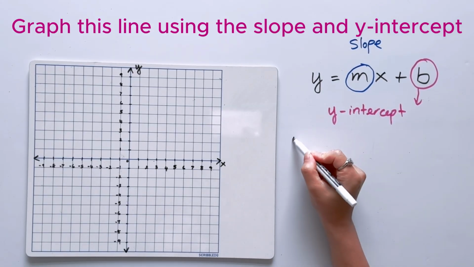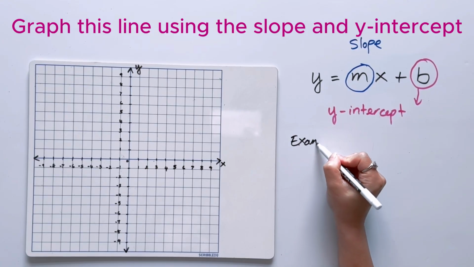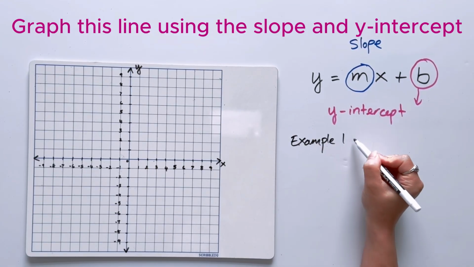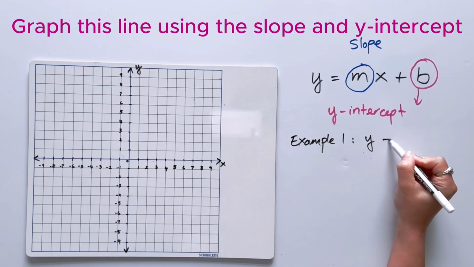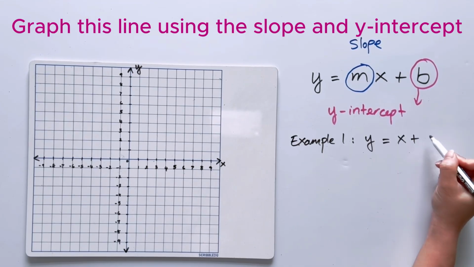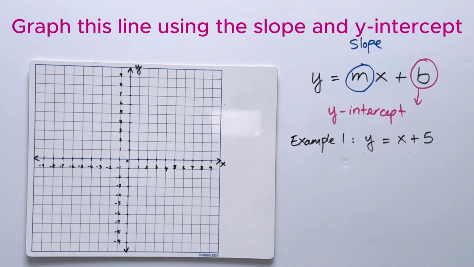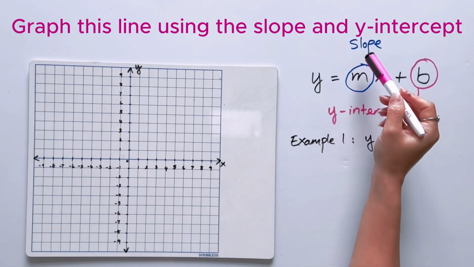Our first example is y equals x plus 5. Before we graph, we want to find the y-intercept and slope.